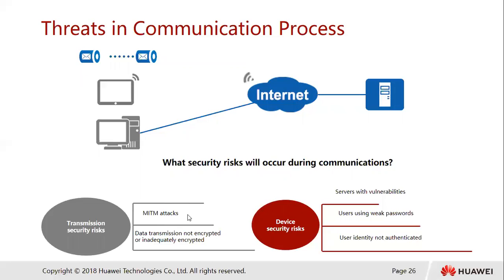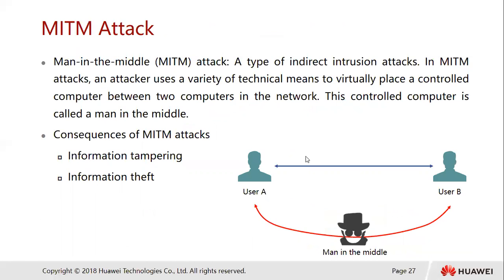And then there are transmission security risks, through the man-in-the-middle attack, where the hacker is between two people, listening, correcting information, and transmitting information which is not encrypted. So the hacker is between two people collecting information from them.